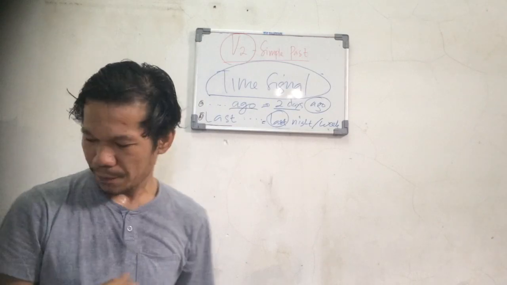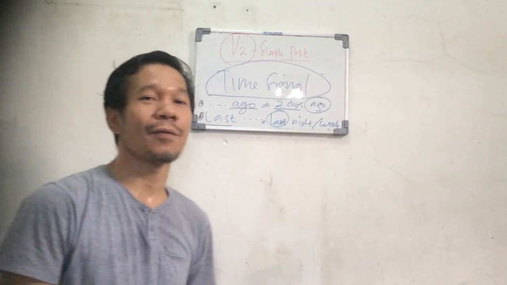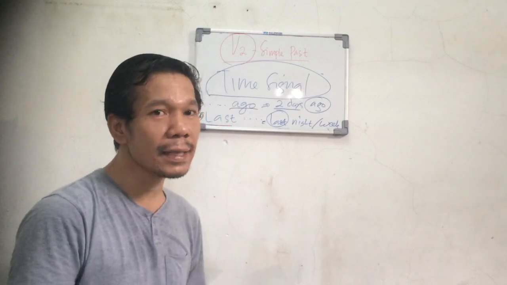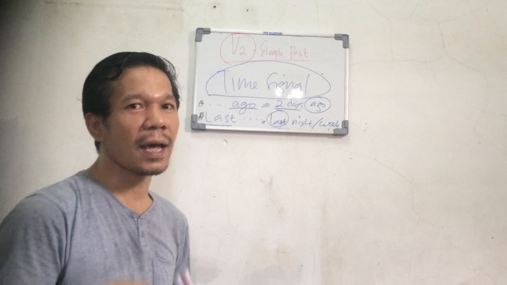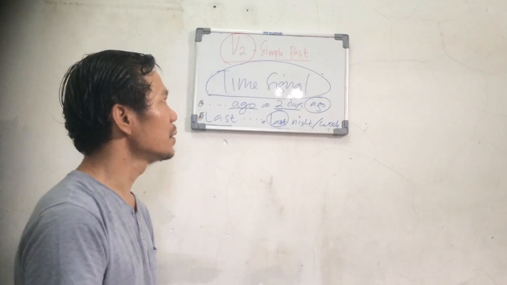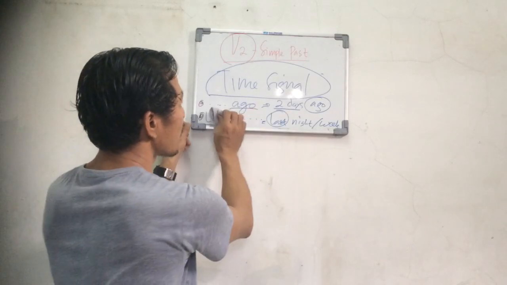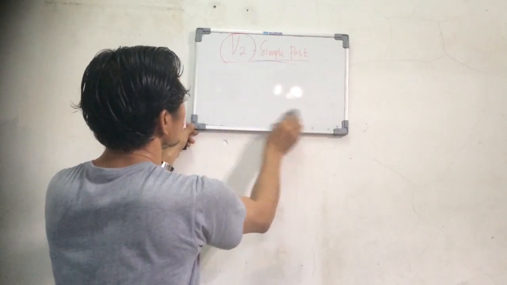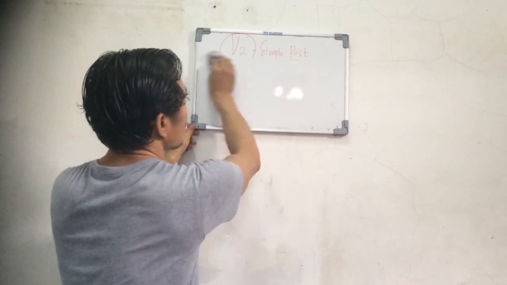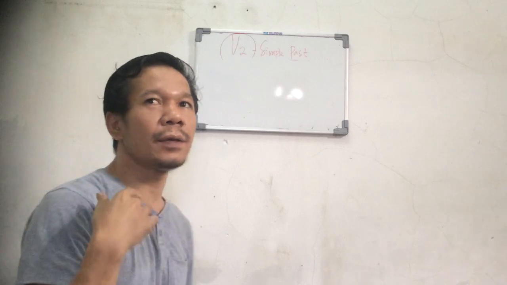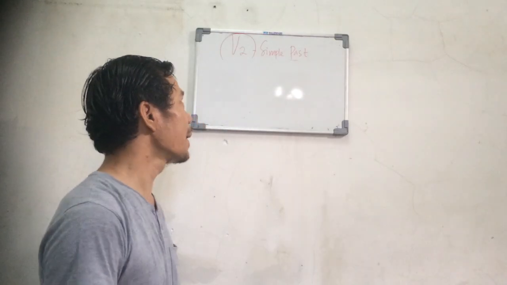Alright? Because we have a small whiteboard here, after I explain, I erase and then explain again to continue our discussion. Okay, so I erase this first. Alright, so I re-explain.